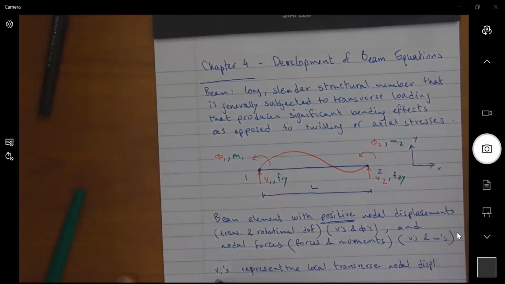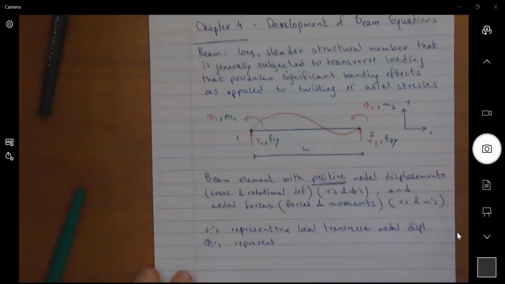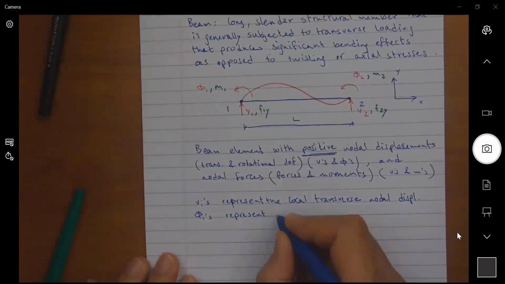The phi_i's represent the nodal rotations.